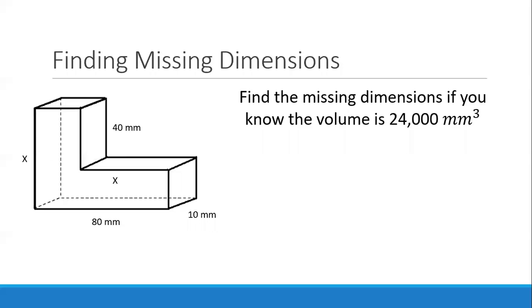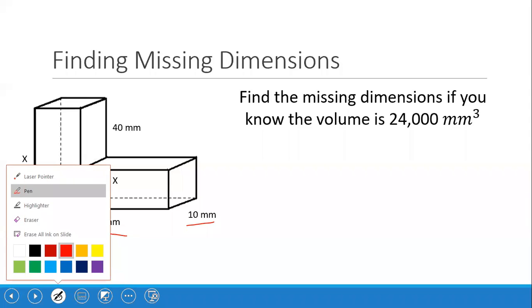If I look at finding the dimensions here, I would probably want to say, let's expand this solid into a larger one and then take out that chunk. Because if I try to cut it right here, I know that the base is 80, I know that the depth is 10, but I really don't know how tall this is, and I can't figure that out.